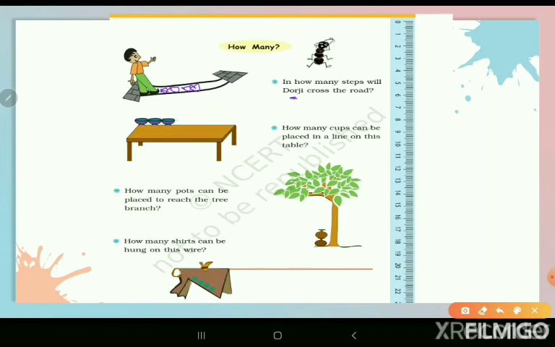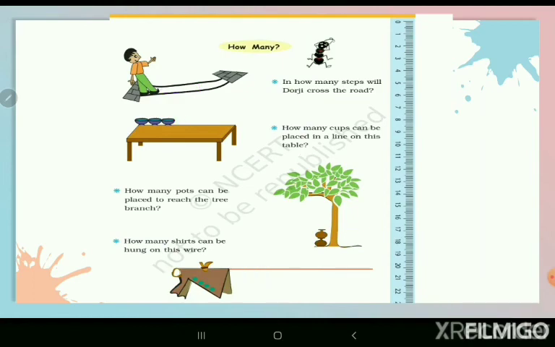Okay, same way, how many cups can be placed in a line on this table? So here again you can complete the picture by drawing the number of cups and write here. Similar way you can complete this one also by drawing the picture of the shirt here and complete this page.